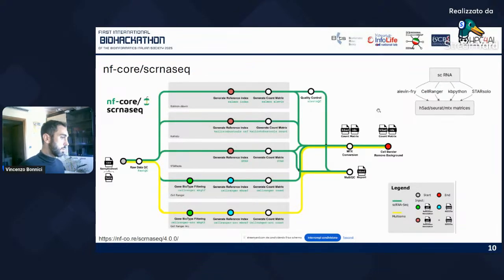I would also like to suggest you visit some of the repositories or resources online that provide you pipelines for analyzing this type of data. One of these repositories is nf-core, and it gives you a pipeline for single cell RNA-seq that is shown in this slide.